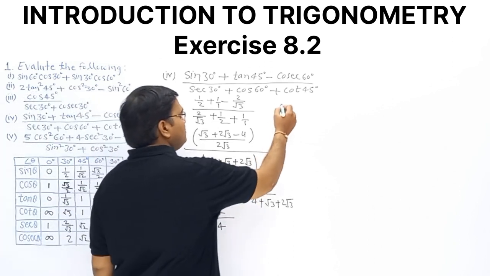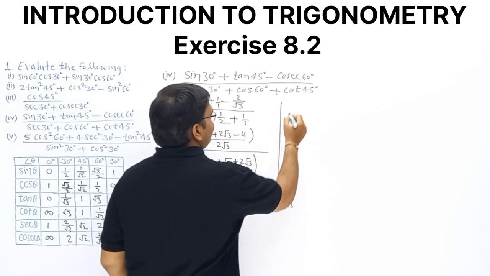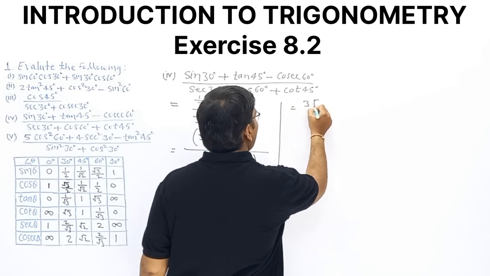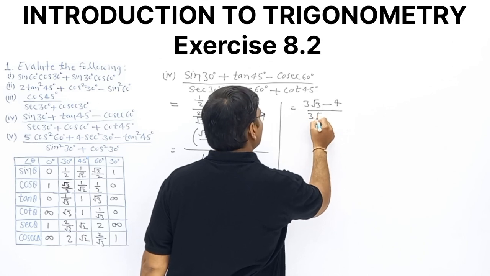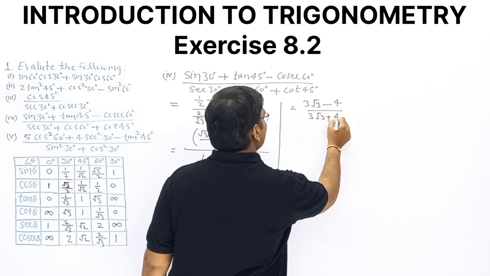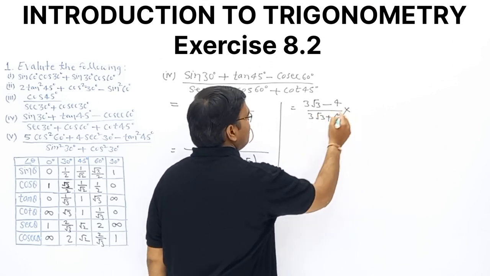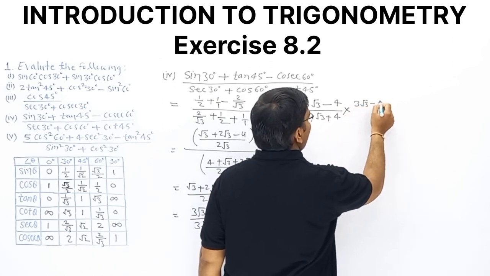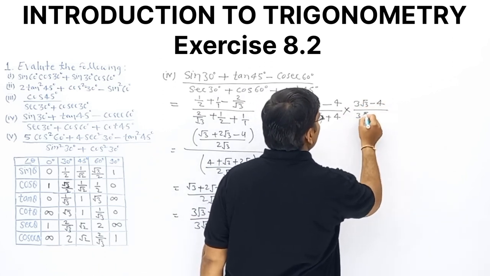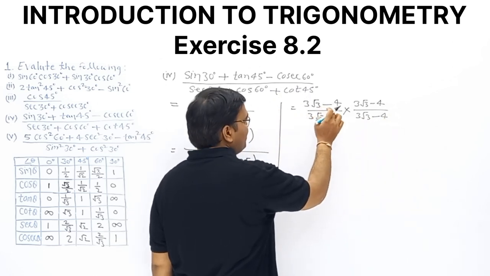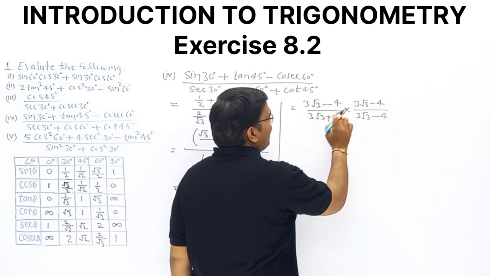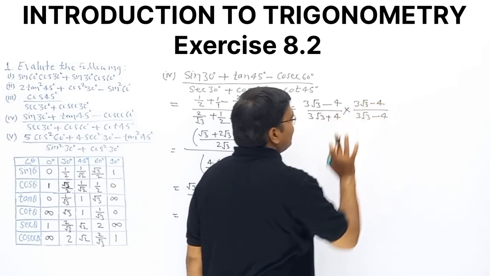So how? Observe, I am writing there 3 square root of 3 minus 4 upon 3 square root of 3 plus 4. Its conjugate will be what? 3 square root of 3 minus 4 divided by 3 square root of 3 minus 4. We are multiplying numerator and denominator by its conjugate, the plus so we will take minus.